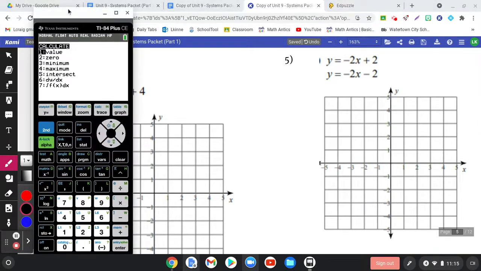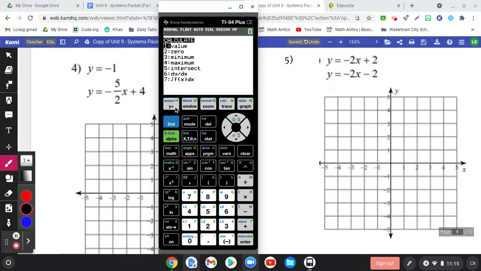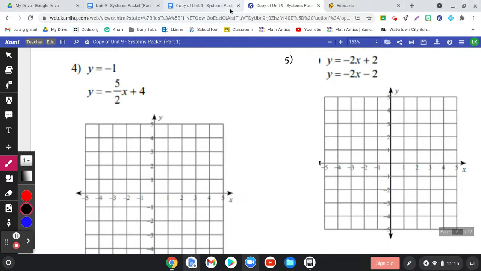Even that first one, if you're like, y = -1, that doesn't make sense. Go to y equals. Type in -1. Look at the graph. There it is. All right.